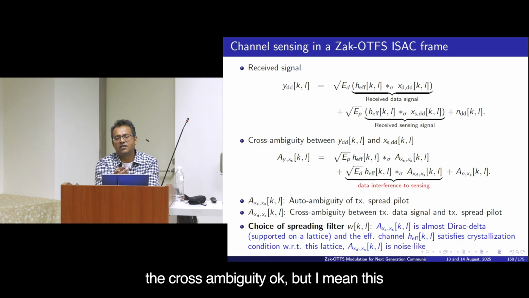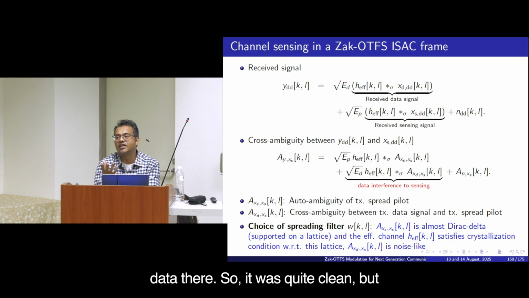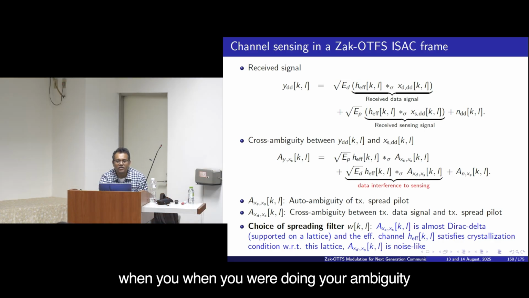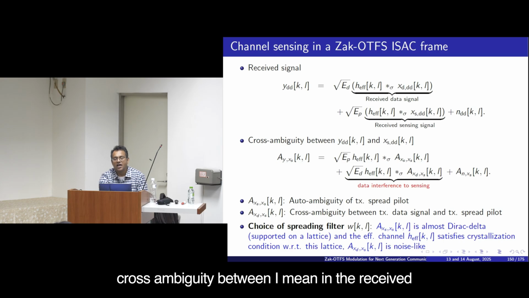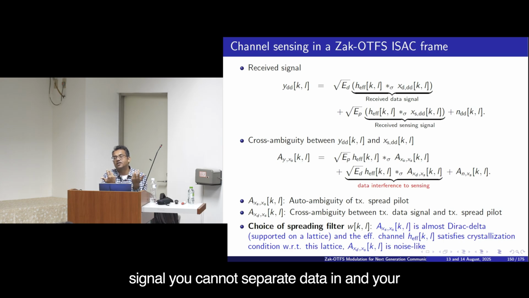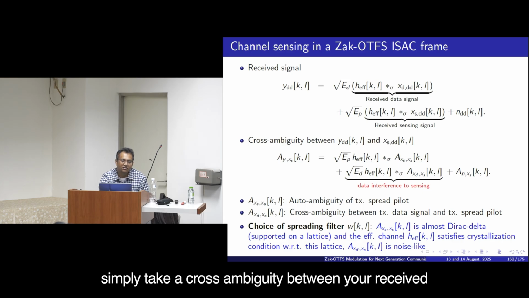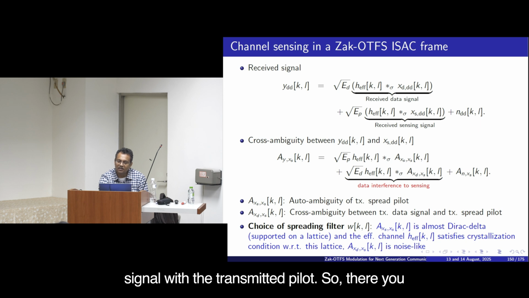But in this figure which I showed you, there was no data, so it was quite clean, but you will actually have data also. In the received signal you cannot separate data and pilot, the data is there. So you simply take a cross ambiguity between your received signal and the transmitted pilot.